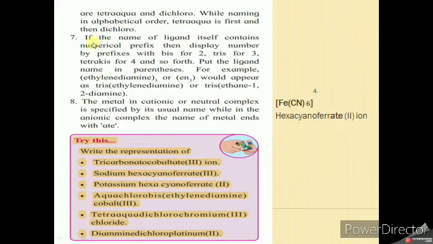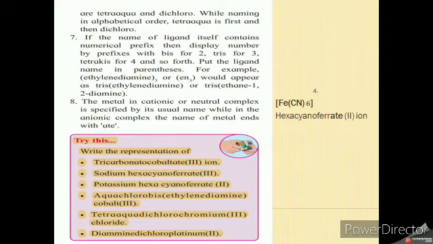Then the seventh rule is, if the name of the ligand itself contains a numerical prefix, then the number is displayed by the prefixes bis for 2, tris for 3, tetrakis for 4, and so on. And put the ligand name in round brackets.